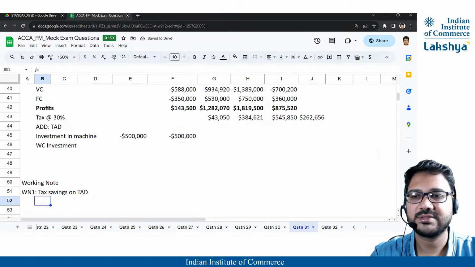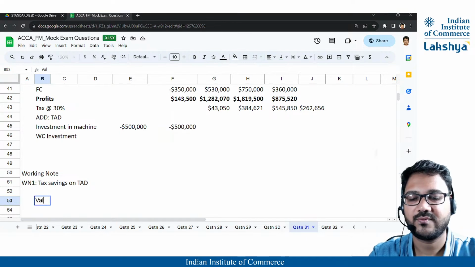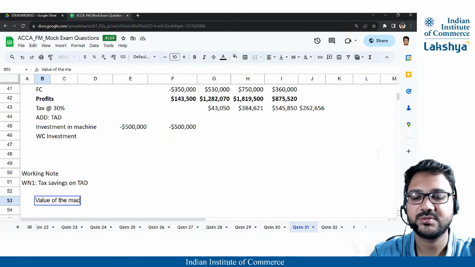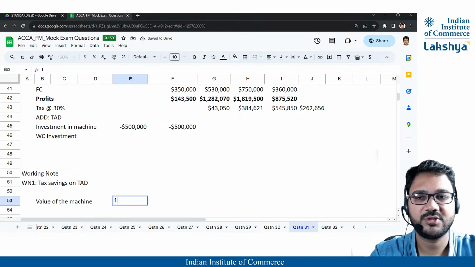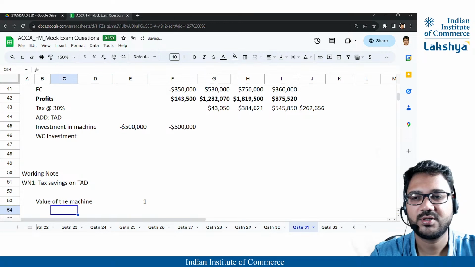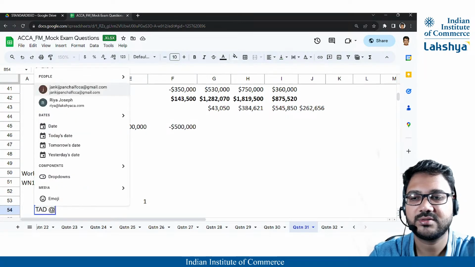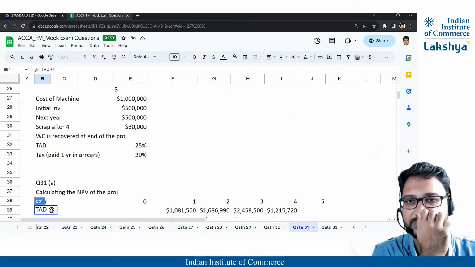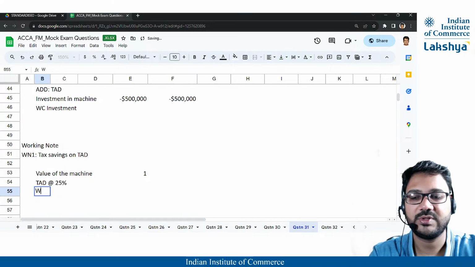So again, we'll do the value of the machine, which is $1 million. Then we'll do a depreciation or TAD at, I think it was 25%. Then we have our WDV.